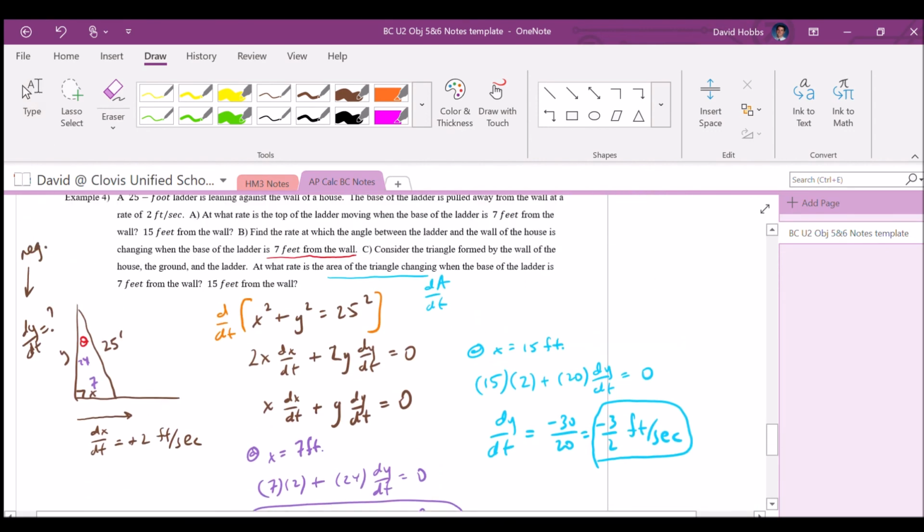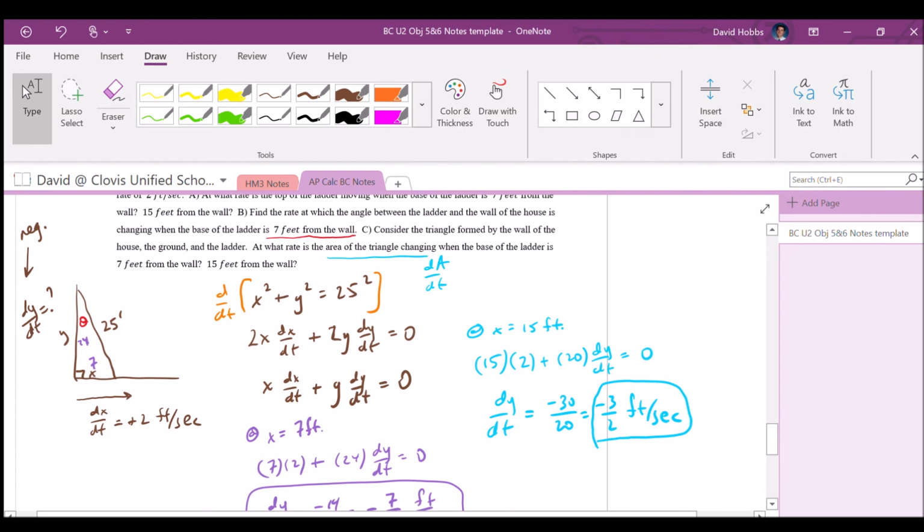We did max-min stuff recently, and the largest this area of the triangle will ever get is when it's a 45, 45, 90 right triangle. As soon as the top of the ladder gets down below that point, the rate of change of the area is going to start getting negative, because now the area would be getting smaller.